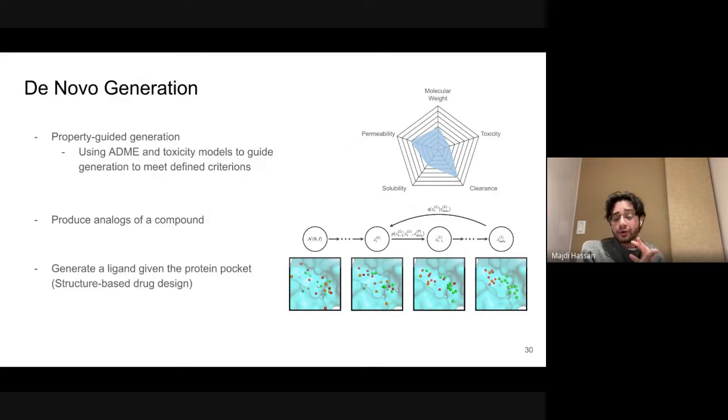Or if you're given a protein pocket that you're trying to target, there's structure-based drug design. This is work from Boom, I believe, though I might be wrong, where they try to generate a ligand within the protein pocket of a protein. All fascinating works that involve diffusion, and I think there's a lot more to come, so keep an eye out for that.